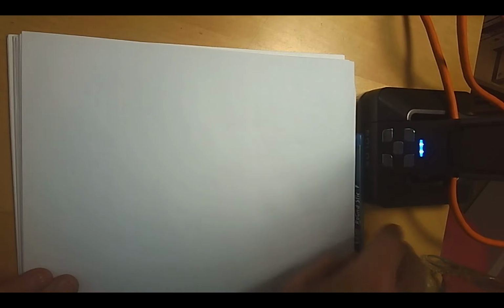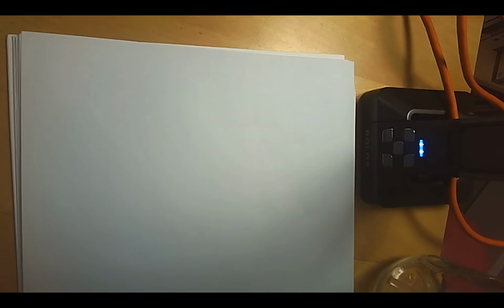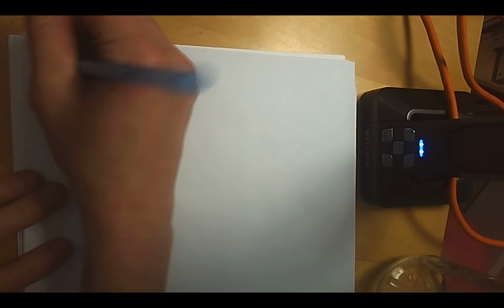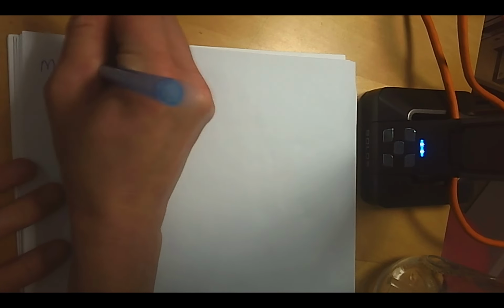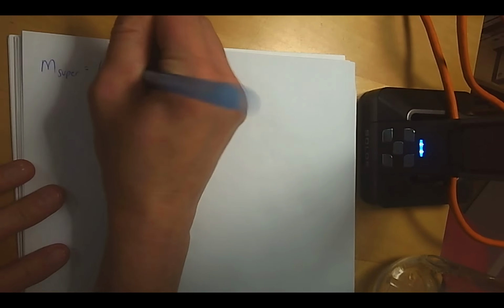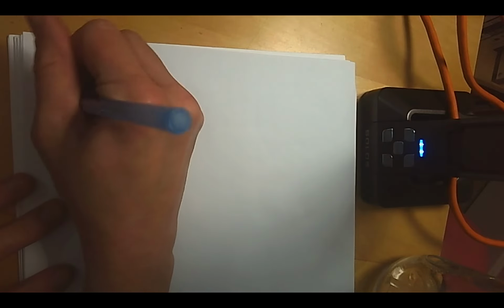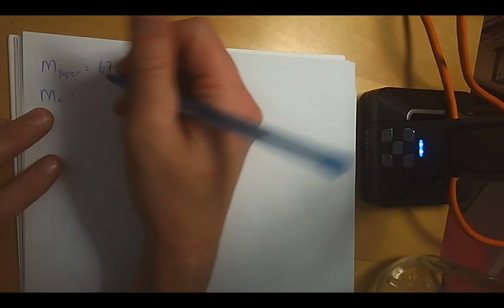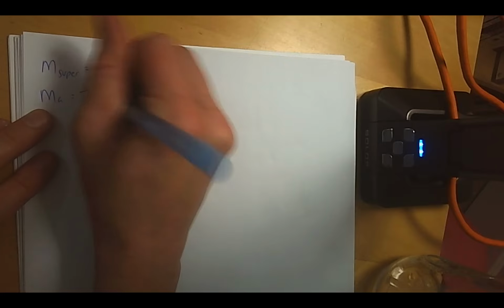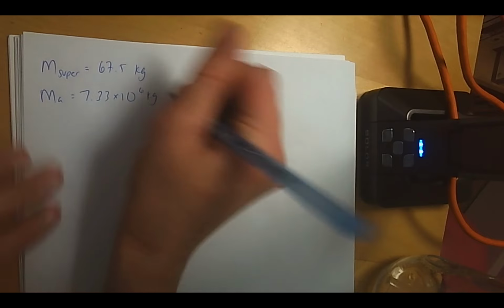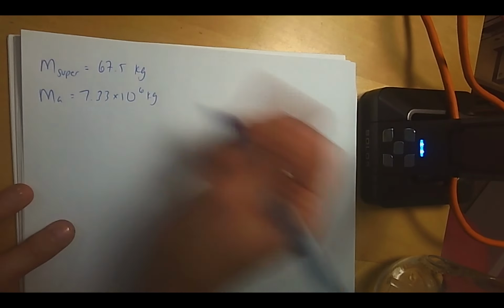All right, so we have a situation where Superman, let me write this down. The mass of Superman is 67.5 kilograms and saves the Earth by moving an asteroid. So the mass of the asteroid is 7.33 times 10 to the 6 kilograms. The asteroid starts at rest.